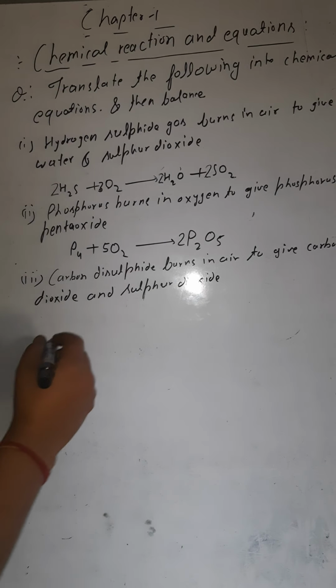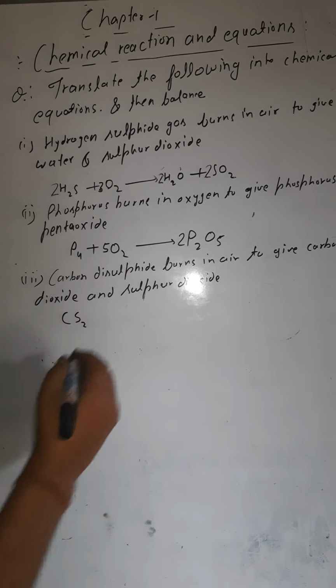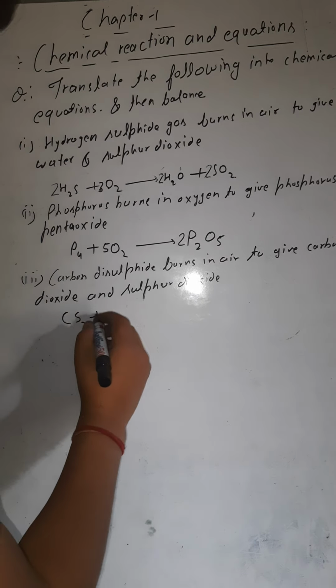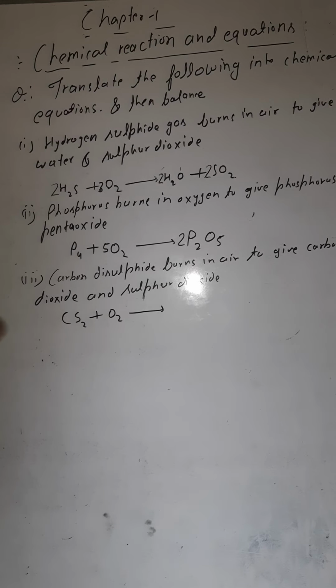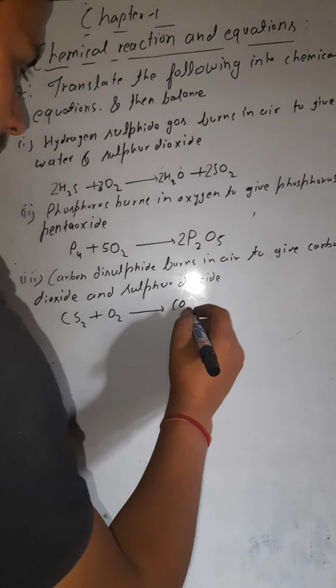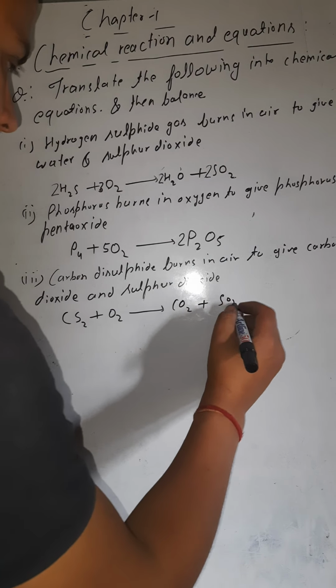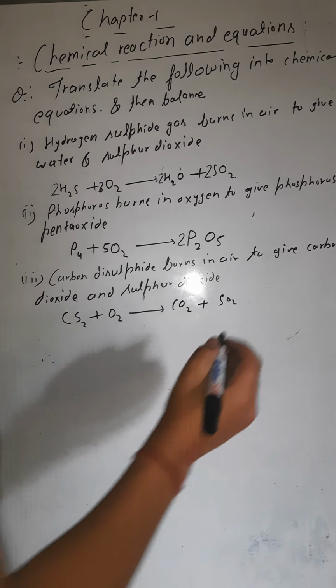So you have carbon disulfide, CS2. It is burning in air, means in the presence of oxygen it will burn. So what does it give? It gives carbon dioxide and sulfur dioxide.